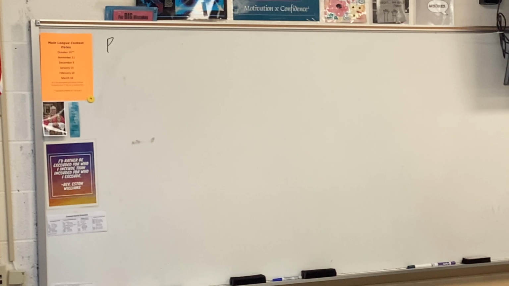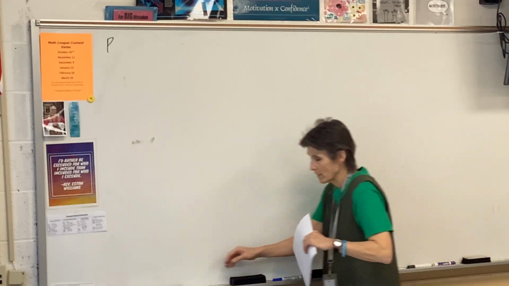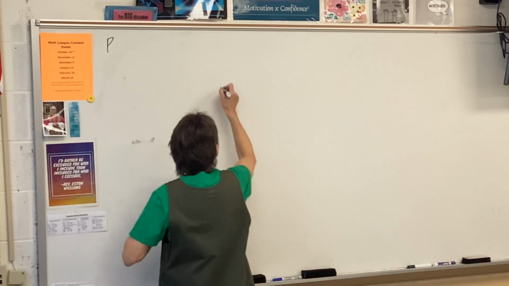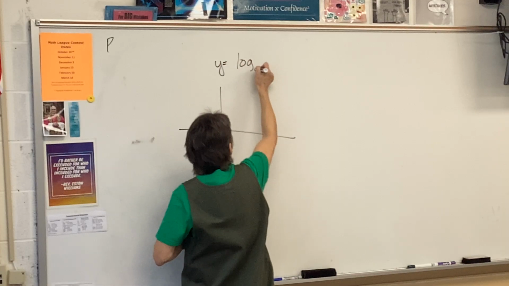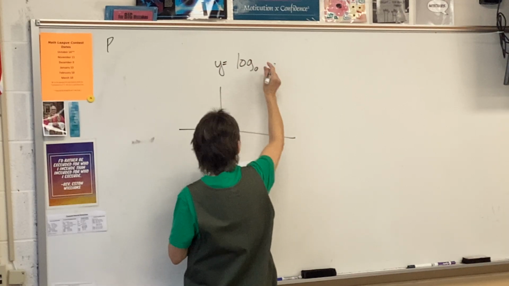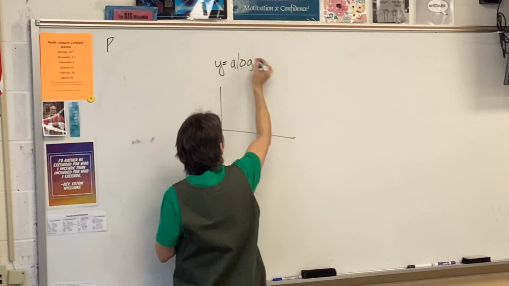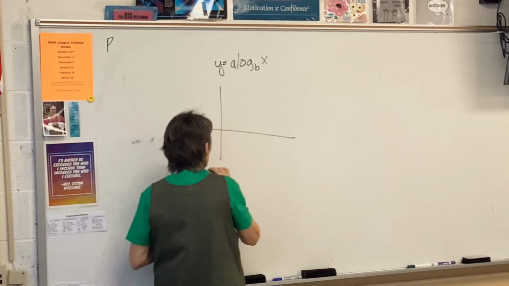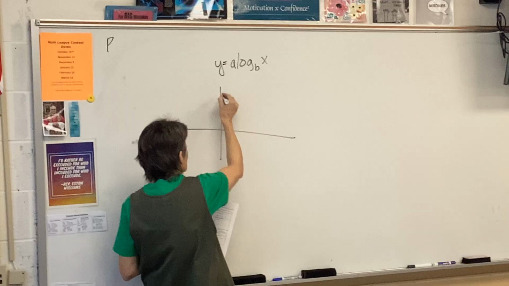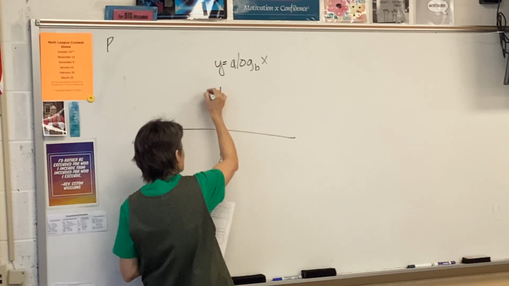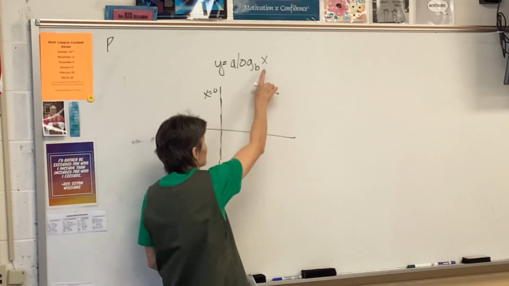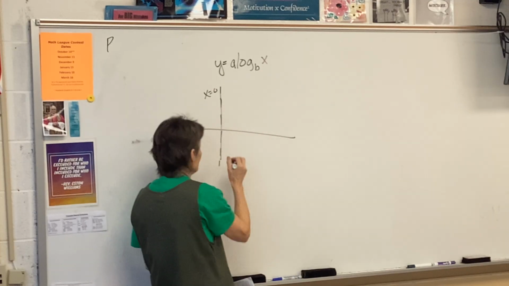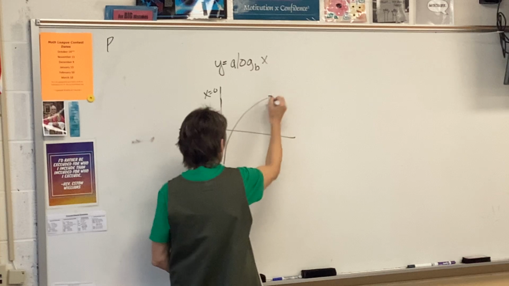We already know what a logarithmic curve looks like. The basic logarithmic curve, we already know that. We know that it has an asymptote at 0, right? You can't make the logarithm negative. And it goes up and out like this.